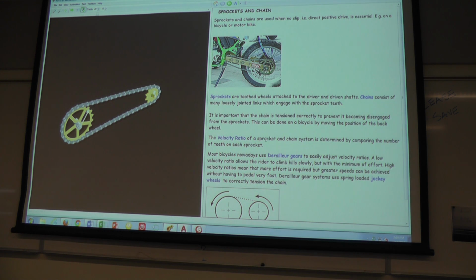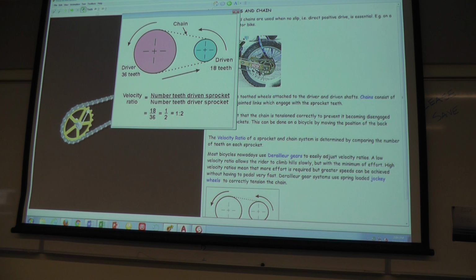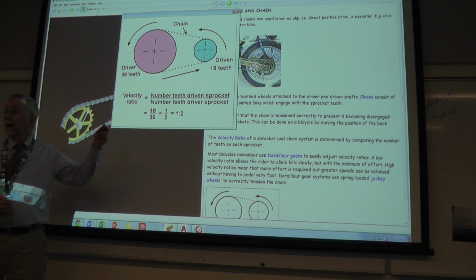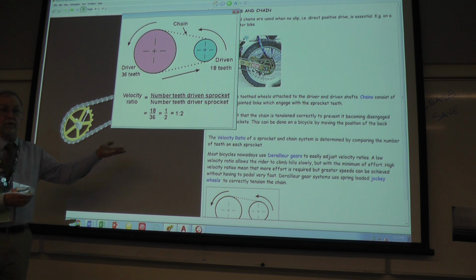Let's close that. All right, remember this from V-belts. We took the diameter of the driven pulley and divided it by the diameter of the driver pulley because, generally speaking, we divide the larger number by the smaller number and get a positive number at the end, which is the speed ratio.